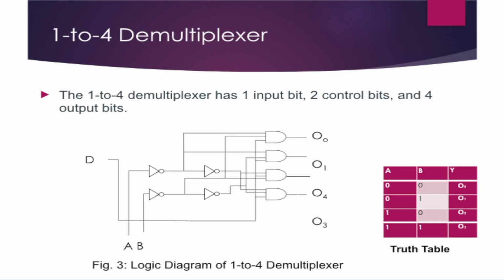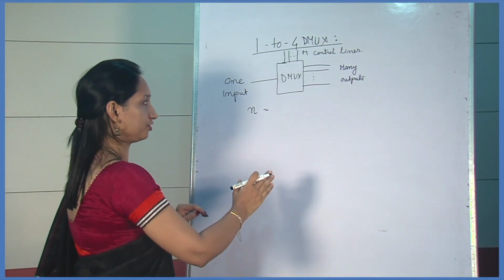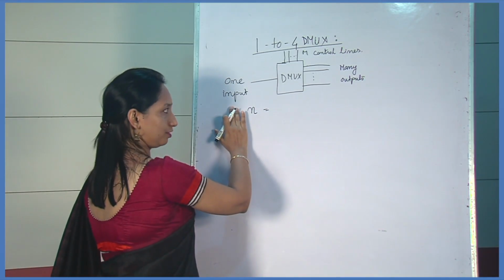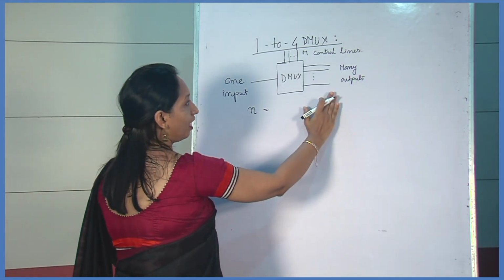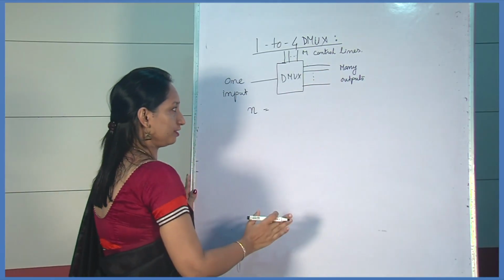Now let us see the logic circuit and truth table of the demultiplexer. This is a block diagram of a demultiplexer. It has one input signal and many output lines, and M is the number of control lines.